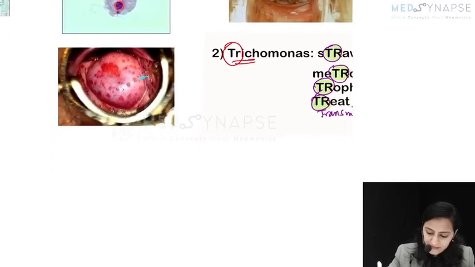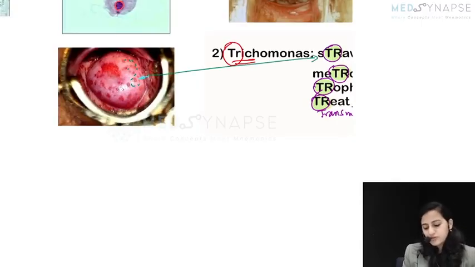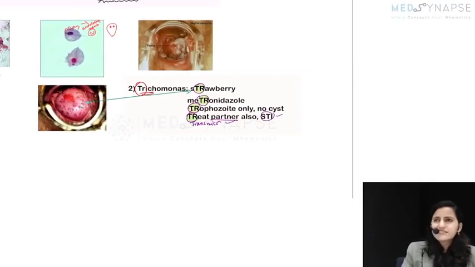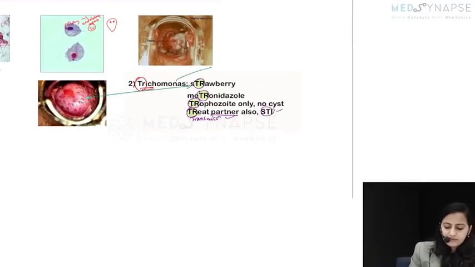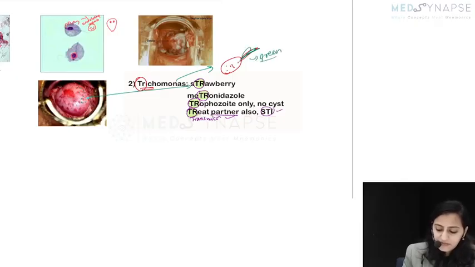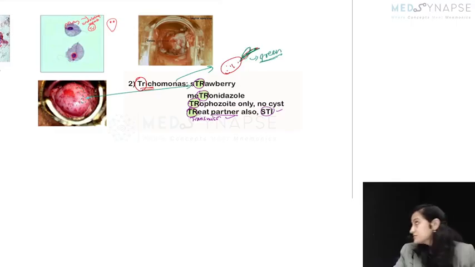What is this? Strawberry cervix, seen in trichomonas. What is the discharge color in trichomonas? Green. Right, so remember that it's a strawberry, and the strawberry's leaf is the green discharge coming out.